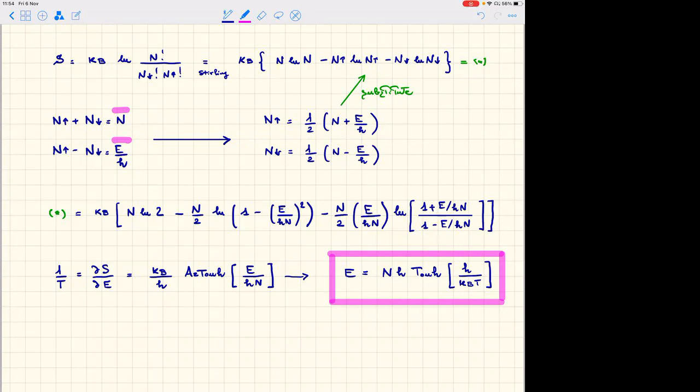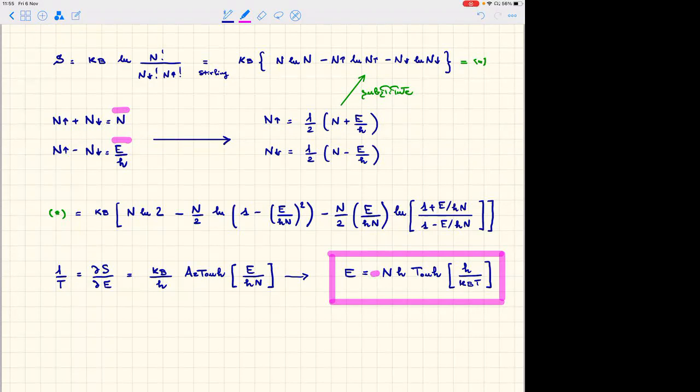Now, if instead I take the limit of temperature going to zero, then the state that should win is the state of minimum energy, which corresponds to all spins pointing in the direction opposite to the magnetization. This makes me suspect that there is a minus sign missing somewhere, because for temperature going to zero the tangent hyperbolic tends to 1, but I should be getting an energy which is minus n times h.